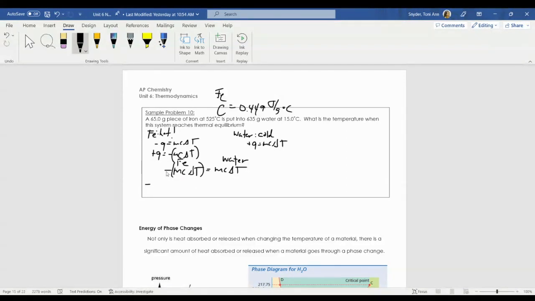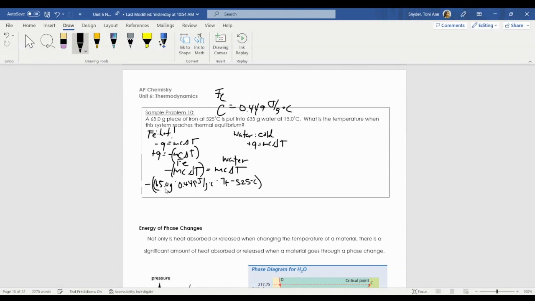Let's just fill in my values. Negative mass of iron is 65 grams times the specific heat, which I forgot to give you, but it's up there now, joules per gram degree Celsius, times delta T. I'm trying to find the final temperature, so T final minus the initial temperature, which is 525.